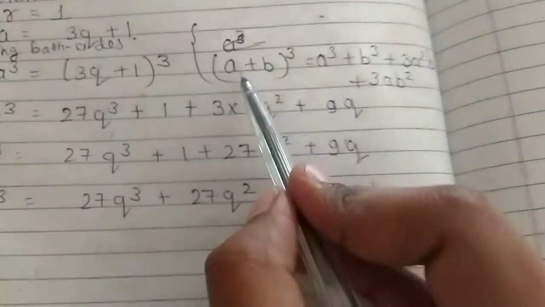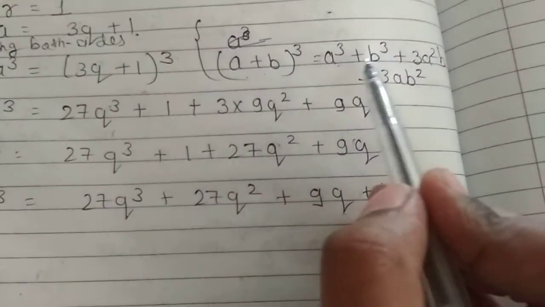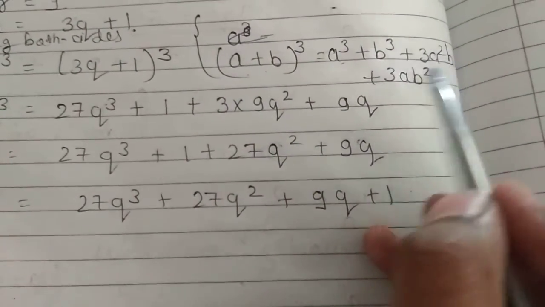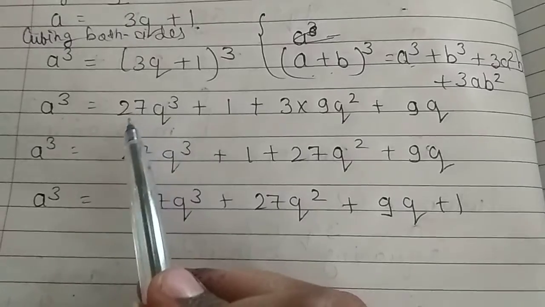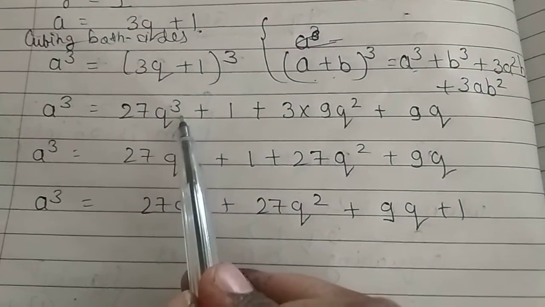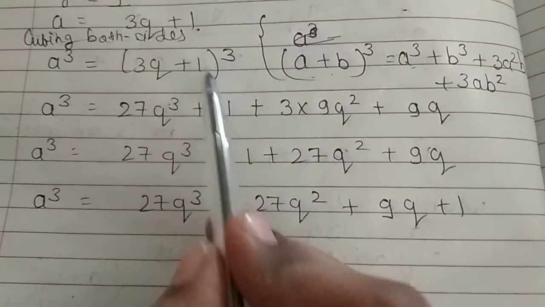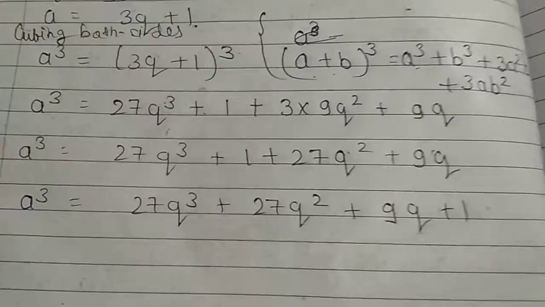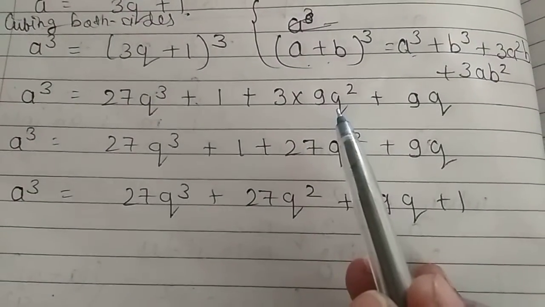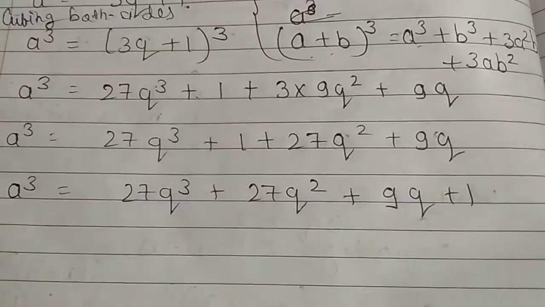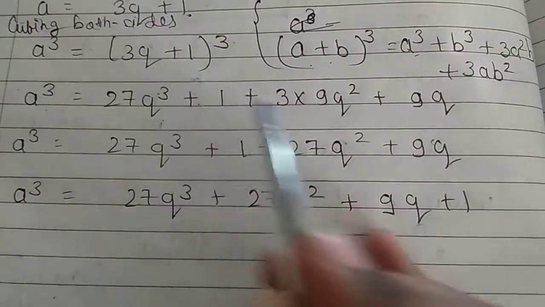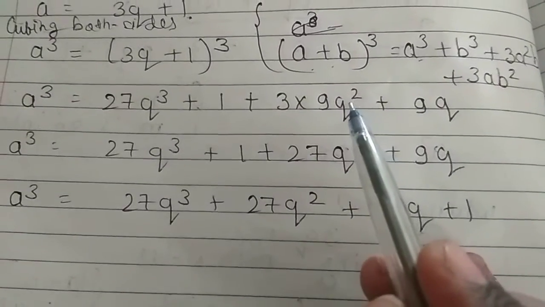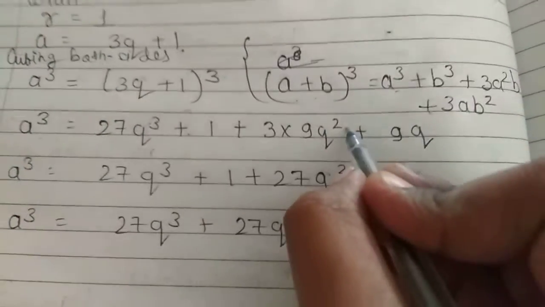And we know the formula: a plus b the whole cube equals a cube plus b cube plus 3a square b plus 3ab square.